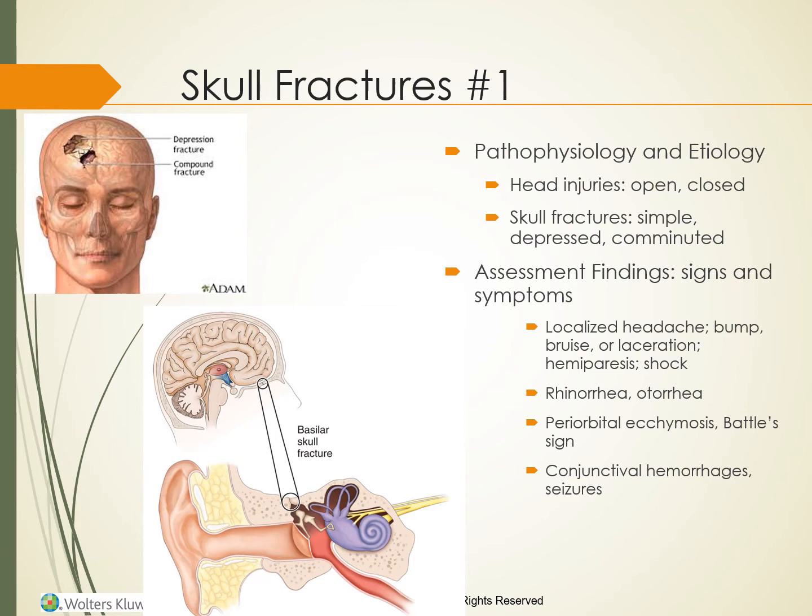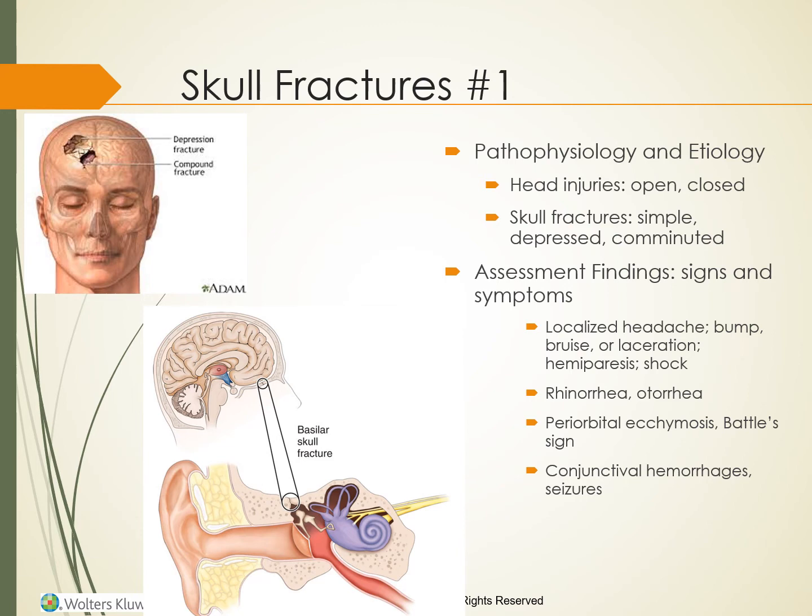They'll usually have a bump, bruise, maybe a laceration that's visible on the scalp, and the symptoms kind of depend on the area of the brain that's been injured. So for example, if there's a large bone fragment that's pressing on the motor area, this can cause hemiparesis, so weakness on one side. In any type of skull fracture, shock can develop from injury to the skull or some area of the body.